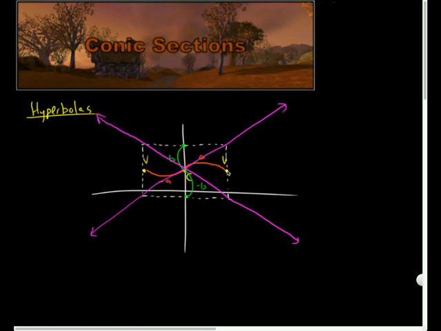The graph will approach the asymptotes infinitely, but never reach them. So somewhat of a futile existence. And so our hyperbola, let's see if I can get a better curve there, something like that, is just going to be the yellow portion of this graph.